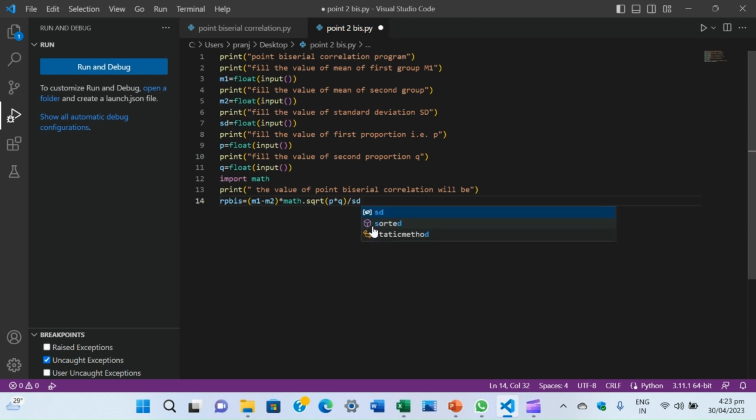So we write sd directly, and then hope that it will work, and we run this program and see the effect.